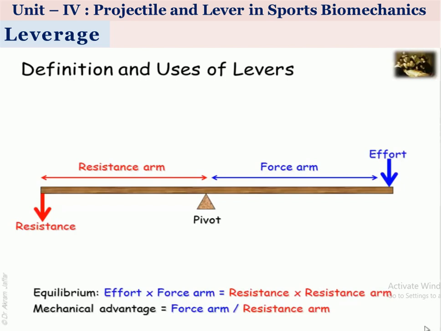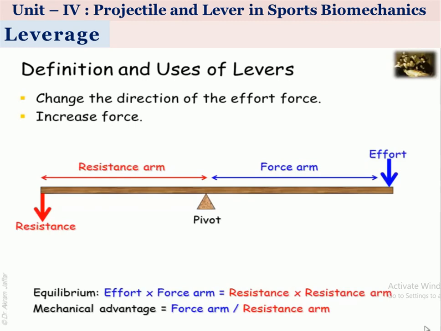First, change the direction of effort force, and this is what's seen in first class levers. Second, increase the force, and that's what's seen in second class levers. And third, as we are going to see in third class levers, there is gain of distance.